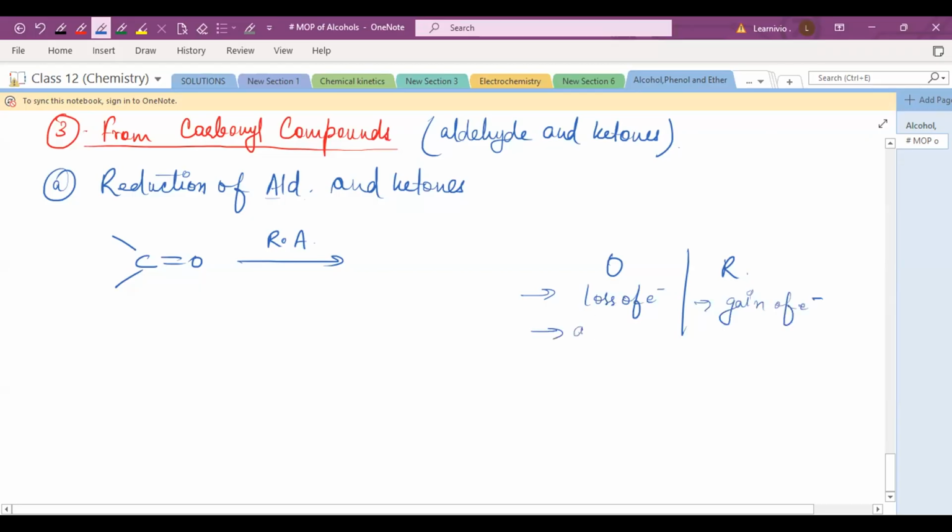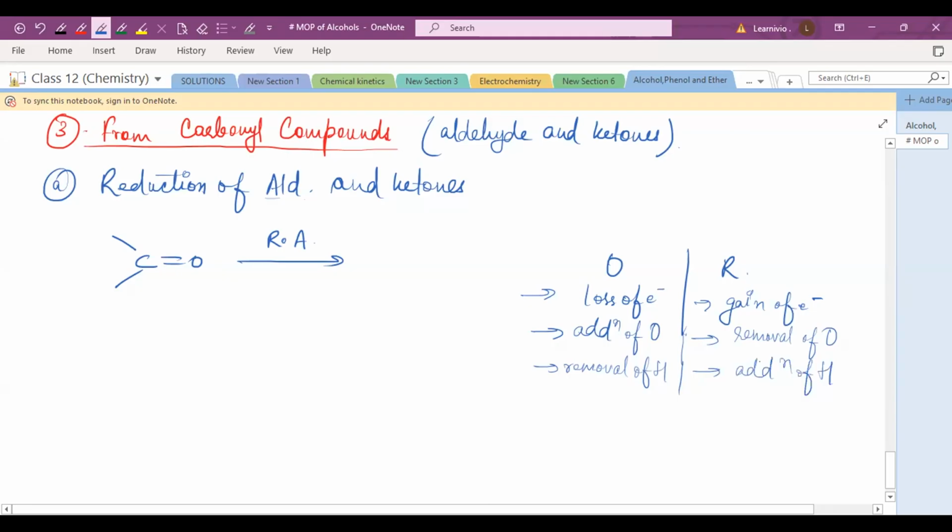And addition of oxygen is oxidation, और just opposite क्या होता है यहाँ पे, removal of oxygen is the reduction. Oxidation is removal of hydrogen and reduction is addition of hydrogen. आप hydrogen add करते हो, then it is known as your reduction.